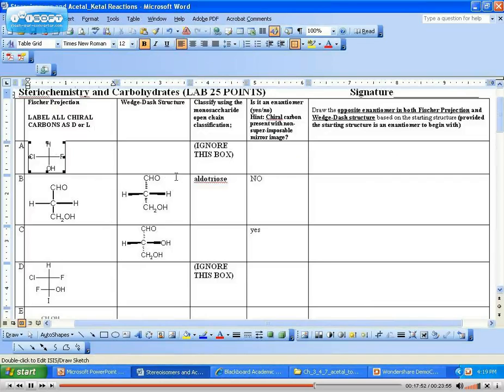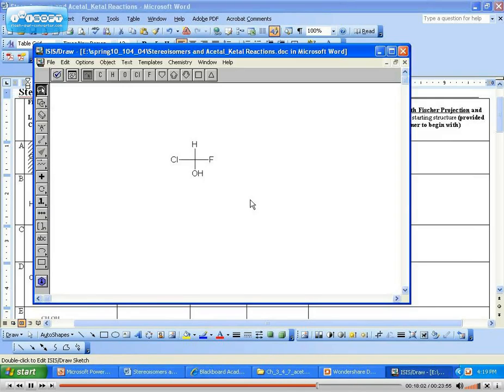In A, this would be an organic molecule. Let me go ahead and double click this. Actually, let me make this a little bit bigger. So in this case right here, chlorine would be the highest based on atomic number.